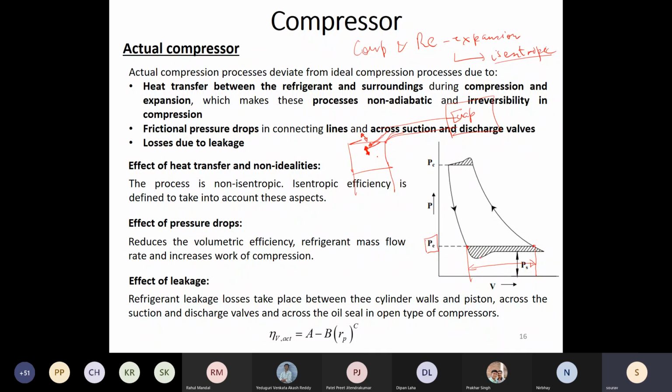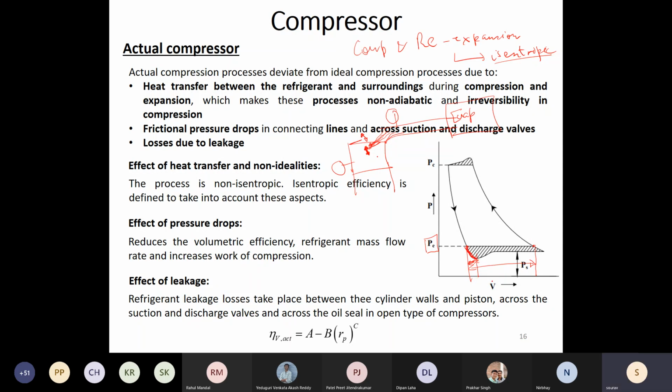You will have to go to a pressure slightly lower than that in order to overcome this pressure drop. Okay, so in order to move this valve, you have to apply some differential pressure, and if you place a pressure gauge over here and a pressure gauge over here, you will see there is a pressure drop. So basically what it means is the piston has to move slightly towards the bottom dead center in order to create that suction. So this much amount of displacement volume is then lost. So during this period, you may not have any significant suction.